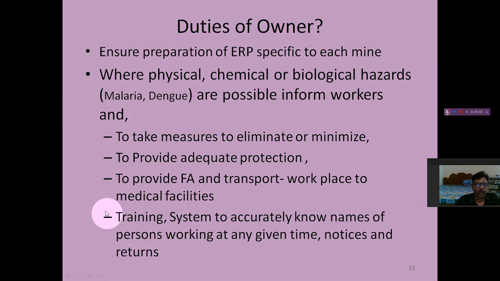And one more important point is this. A system to accurately know the names of those working at any given time. What does it mean? Let us say there is a first shift or second shift or third shift. Some unfortunate incident happens in some area, underground, let us say. The owner should have a ready-made system to say, yes, how many people are there?